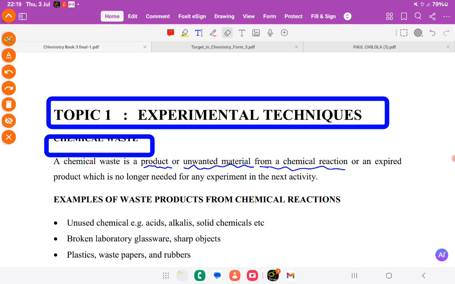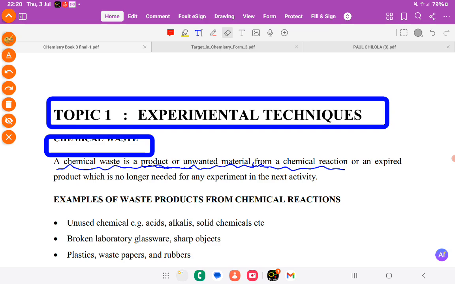So a chemical waste is a product or unwanted material, that which is not needed from a chemical reaction.